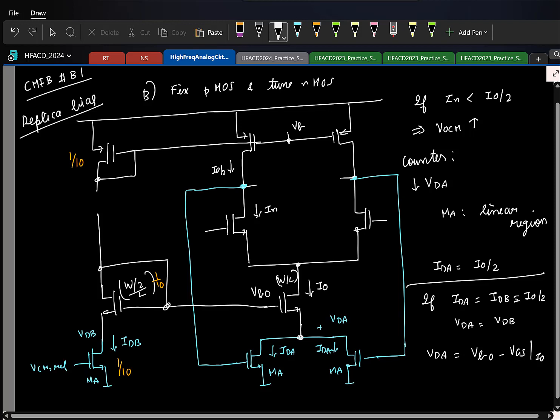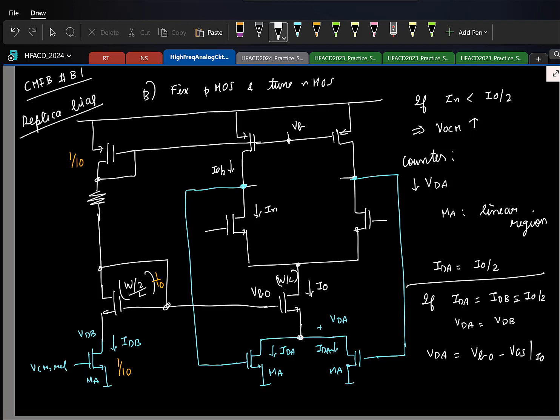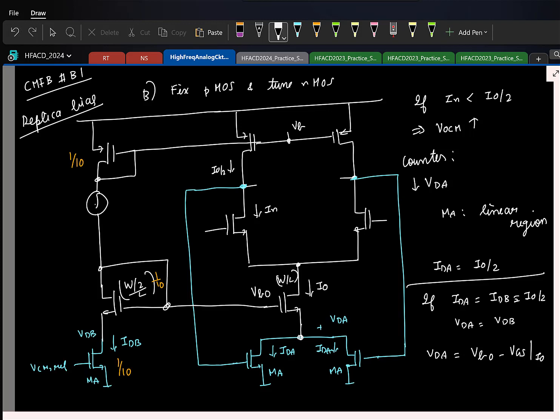Or one thing you can do is the following: you can put a resistor here. See, the idea behind that is the following, right? If let us say this is a current I0 by 2, if let us say put a current source I0 by 2, this voltage will be set to something, this will be set to something. Let us say it is V1 and V2. Now let us say the resistance is (V1 minus V2) by I0 by 2, effective resistance per se. So if instead of this guy, if I put the same resistance, what do you think will happen?